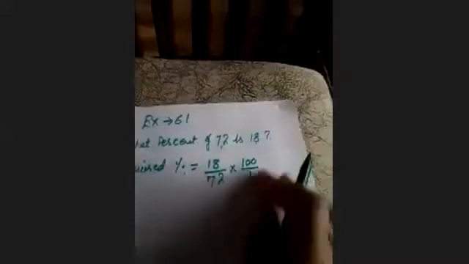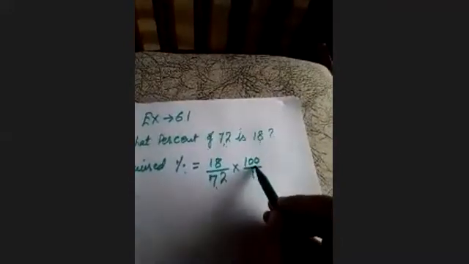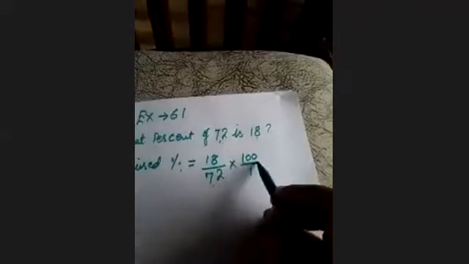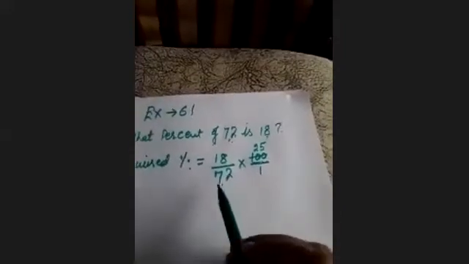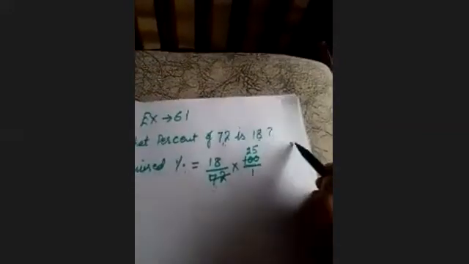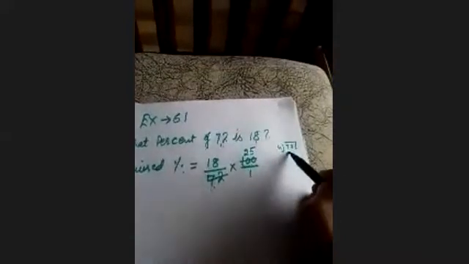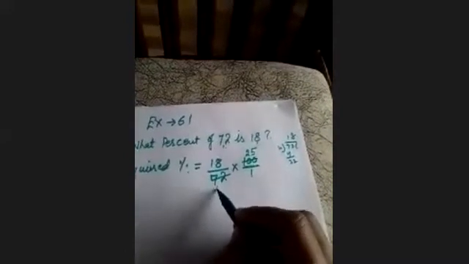Next, students, now solve this part. 72 and 100 are both multiples of 4. So we'll divide 100 by 4, we get 25. Clear, students? Now 72 divided by 4: 4 1s are 4, and 4 8s are 32, so 18.